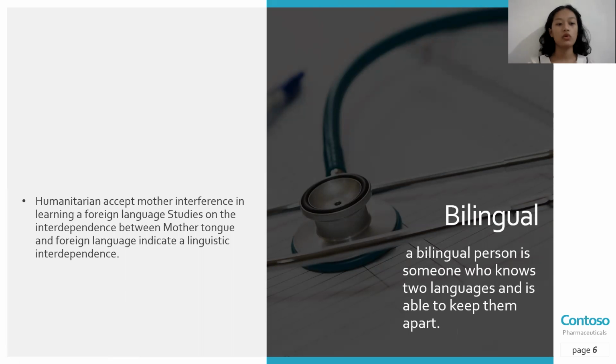In other words, they don't know exactly the same things in both languages, and they do not use them for exactly the same purpose. It is more common for the two languages to complement each other in the life of a bilingual person. For example, one language may be used at home and another language may be used for work, school, or social activity.